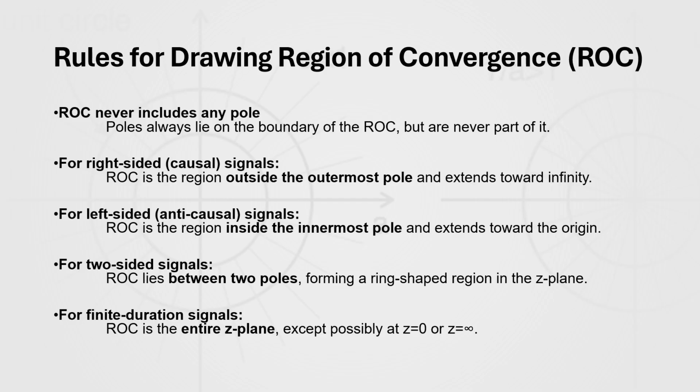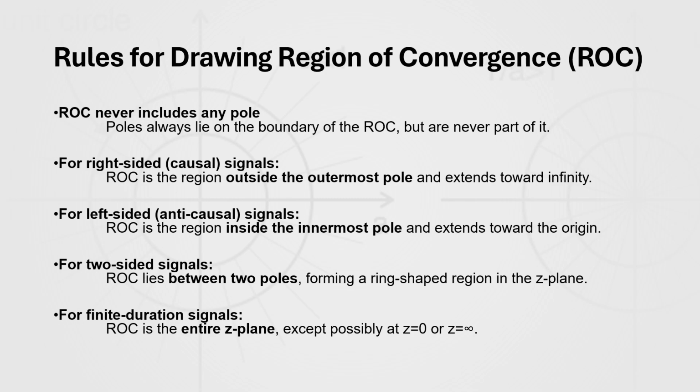For left-sided or anti-causal signals that are 0 for n greater than some positive value, the ROC is inside the innermost pole, extended towards the origin. For two-sided signals, non-zero in both positive and negative directions, the ROC is an annular ring between the inner and outer circle defined by poles.